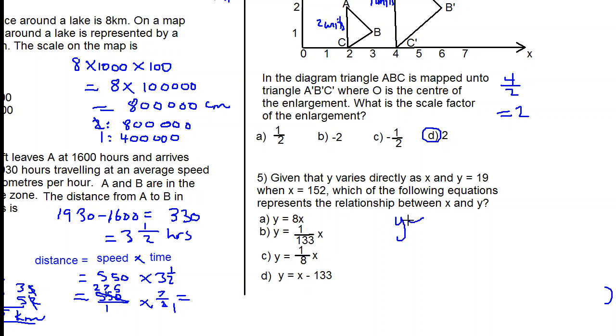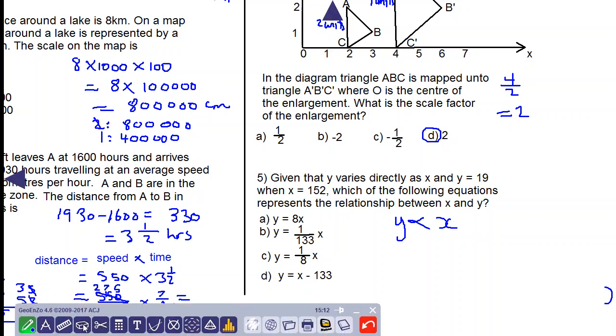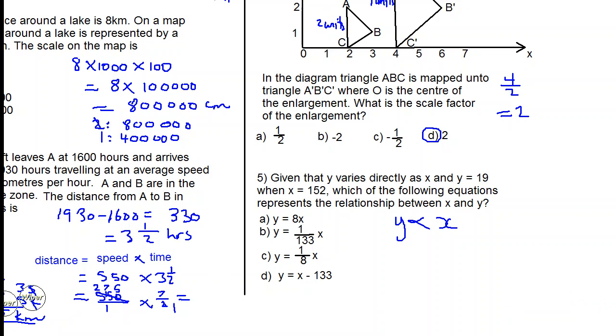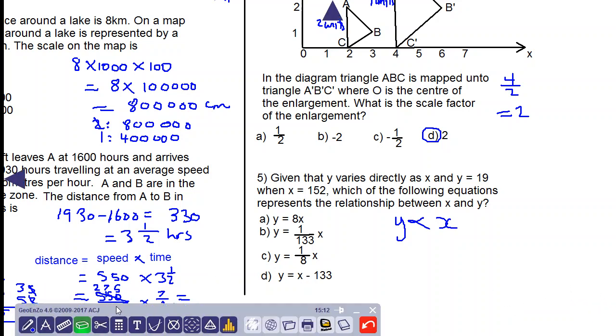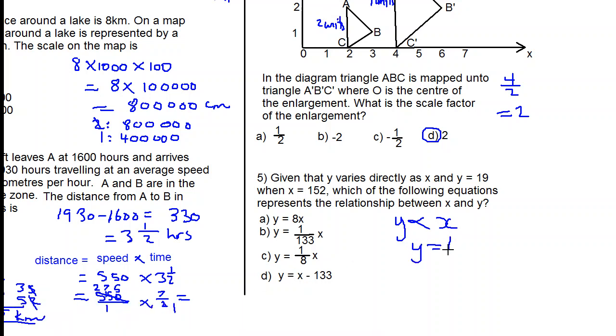So y is directly proportional to x, and that means that y will be equal to a constant multiplied by x, k times x, where k is a number, and therefore k will be equal to y over x when we divide both sides by x. So we have made k the subject of the formula here.